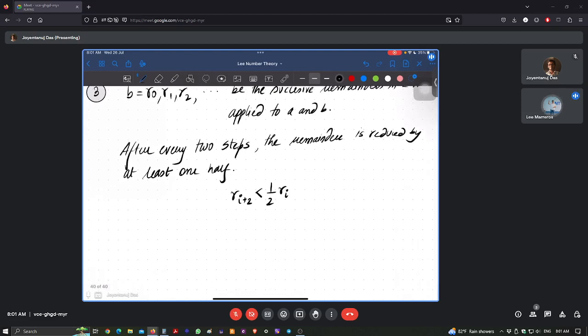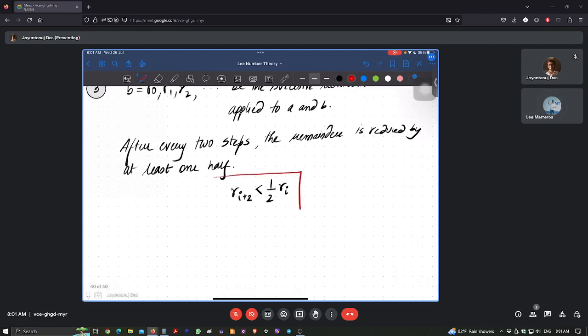So this is what you have to show. So at least it will reduce by half. So how to show that?